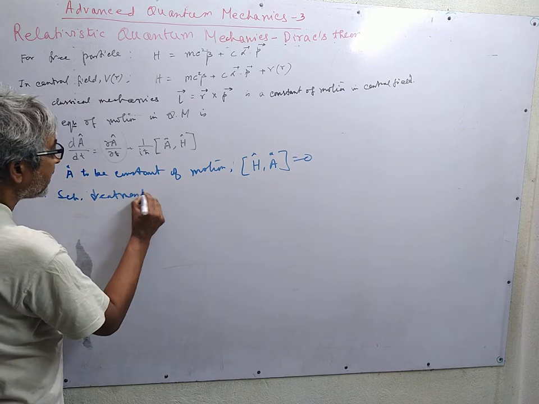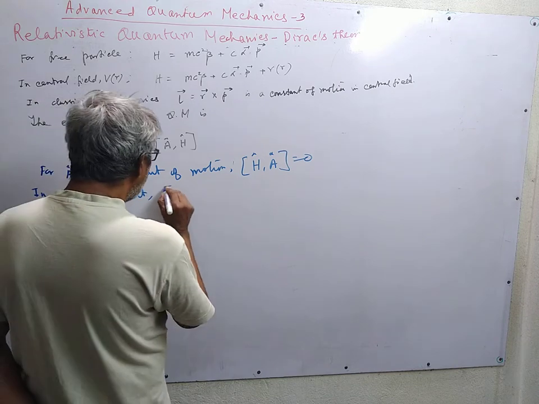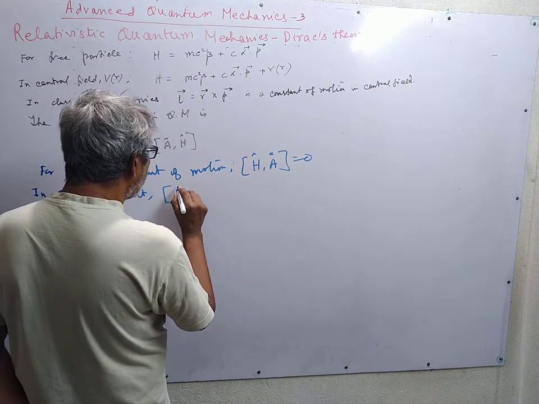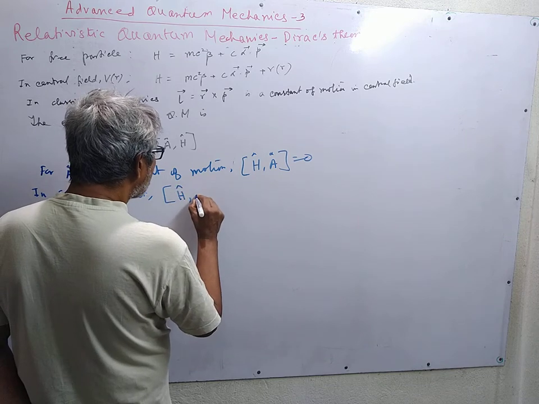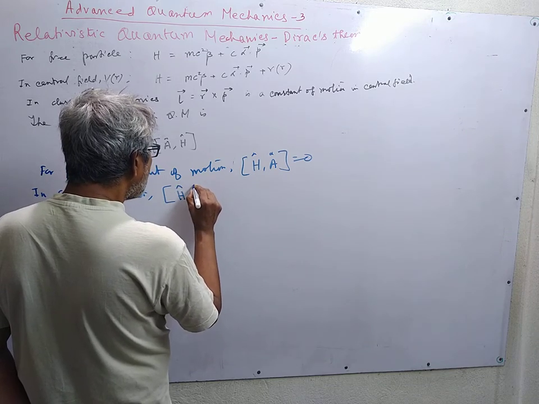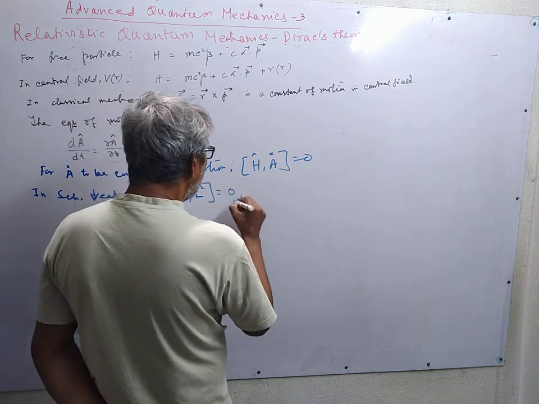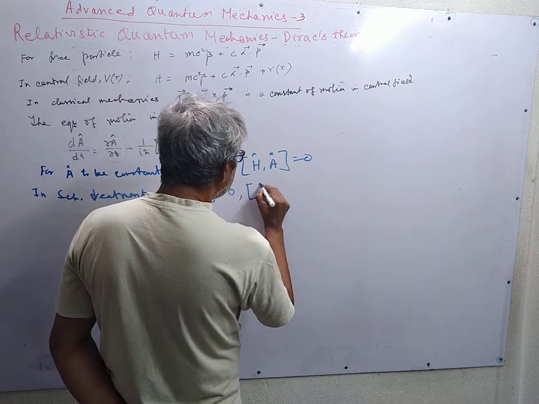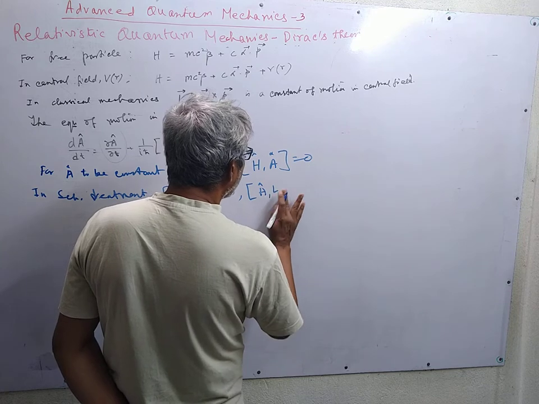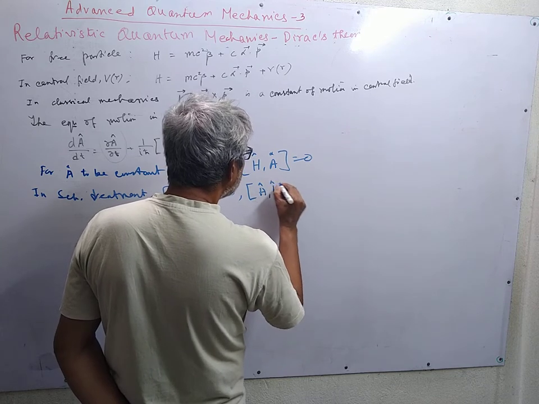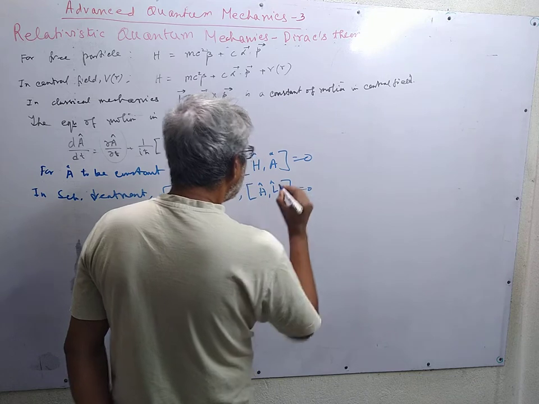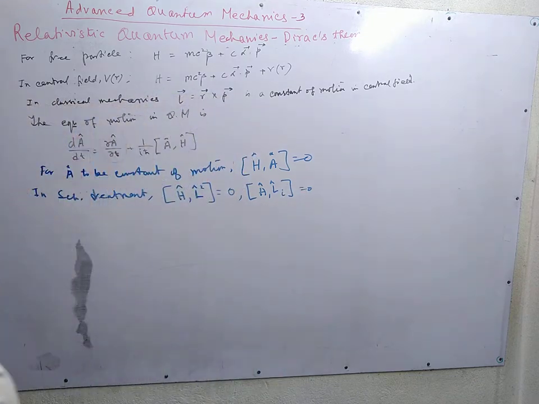In the Schrödinger picture treatment, that is in non-relativistic quantum mechanics, we found that H commutes with L squared, and H commutes with each of the Cartesian components of L, and the concept was retained that L is a constant of motion.